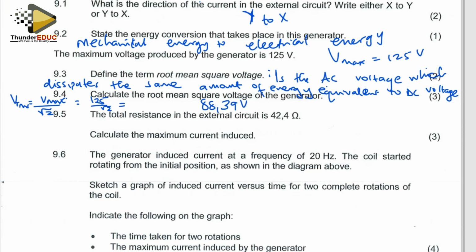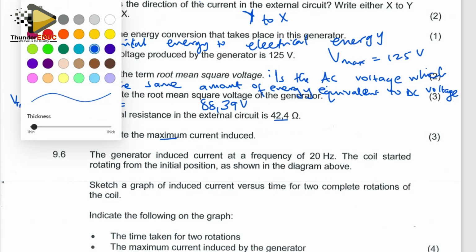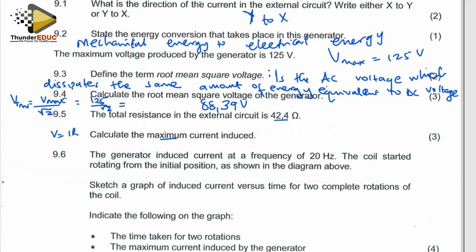And then the total resistance is this, calculate the maximum current. Resistance has nothing like root mean square, there's nothing like maximum resistance or minimum. Since they want the current, we can just use V is equal to IR straight away, so current is V over R. Since they want the maximum, I can use Vmax divided by that.